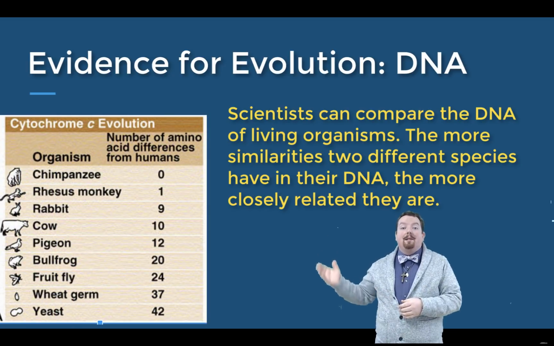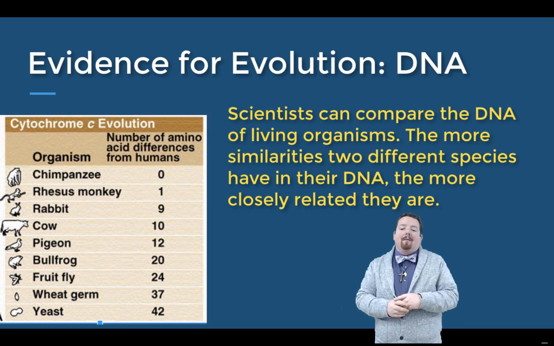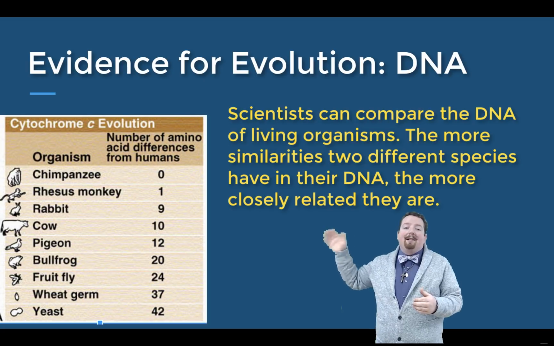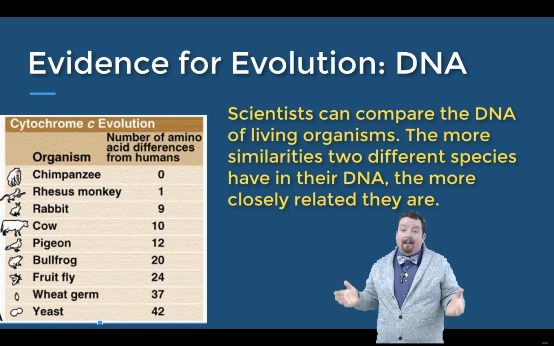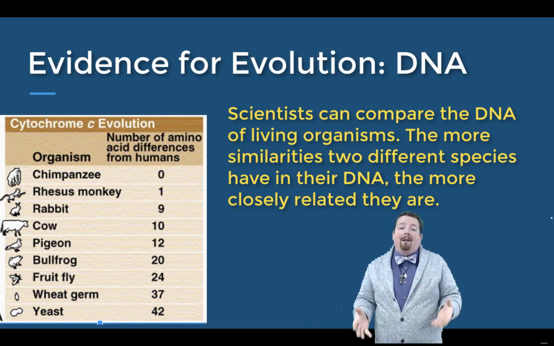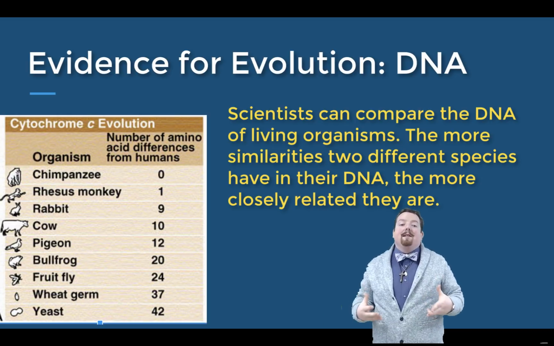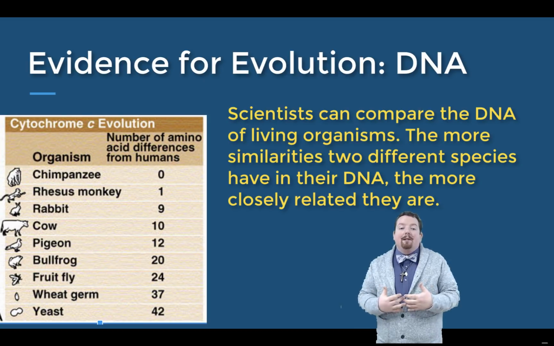If we look at cytochrome C, which is our example here, it looks at the specific differences in that one amino acid. It's not saying that chimpanzees and rhesus monkeys are exactly the same as humans, and it's not saying that yeast has nothing in common with humans. It's simply saying that in this one amino acid, yeast has 42 differences in that cytochrome C amino acid than humans.